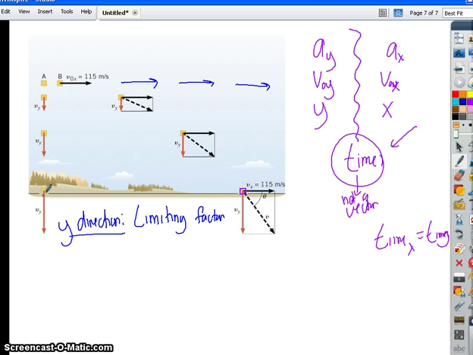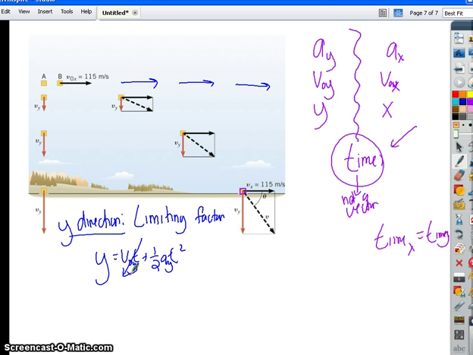So let's start off with this equation right here: y equals v0t plus 1/2 at squared. We know the initial velocity in the y direction is equal to 0. That cancels out.